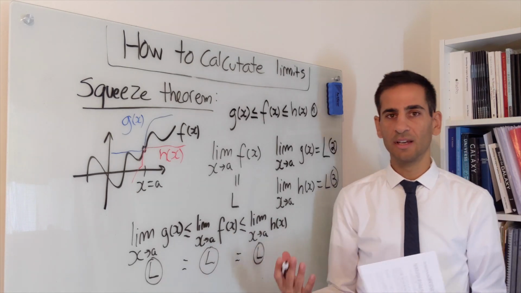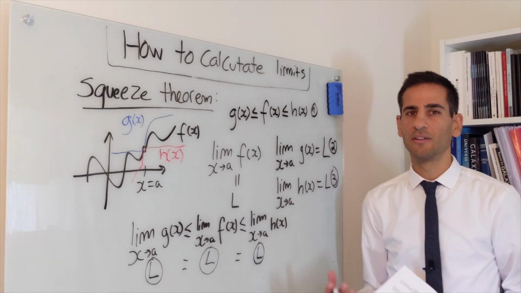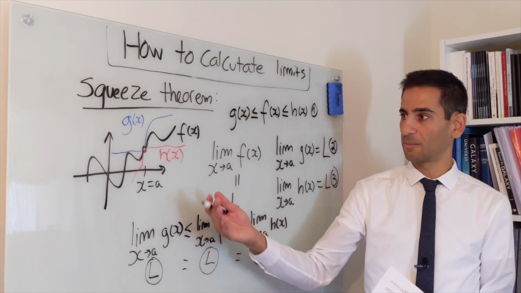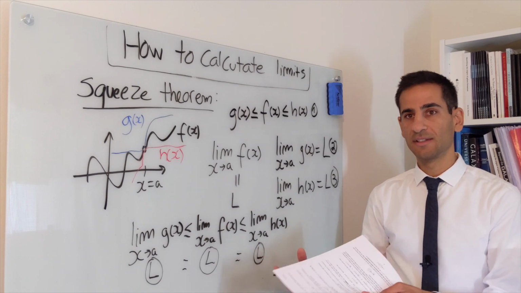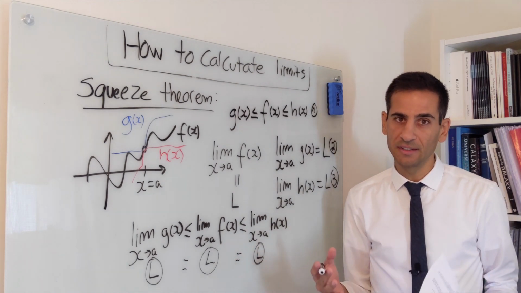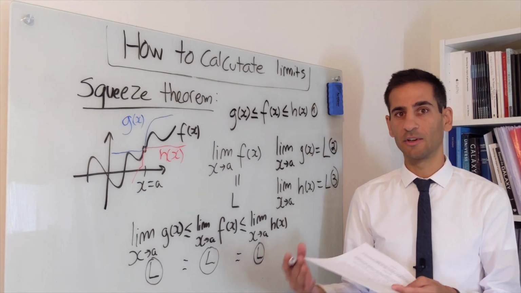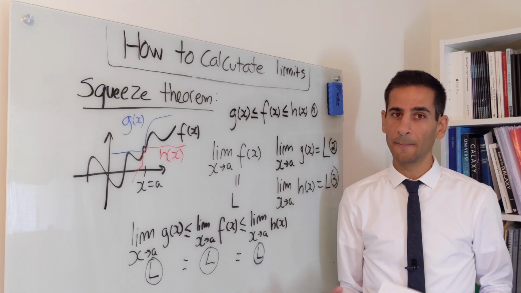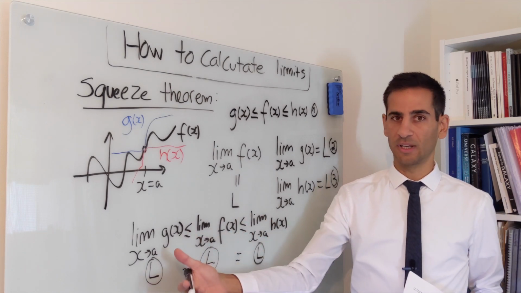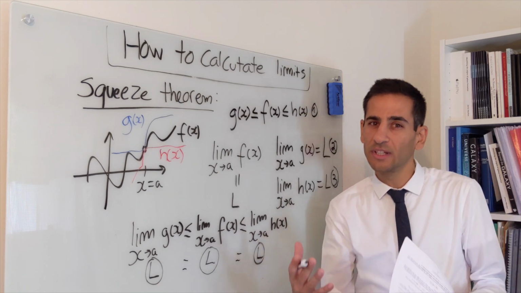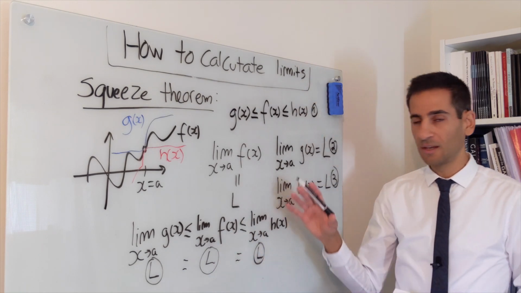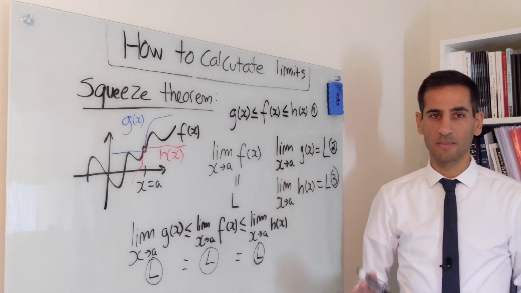Now in practice, using the squeeze theorem can be very complicated if you need to come up with the equations for the functions, or, as in the next example, it can be quite easy if you actually start from your knowledge of the functions you're looking at, and then you transform it to get to g of x and h of x. And sometimes you may even be doing it without realizing it, but it's very good to understand the formality.